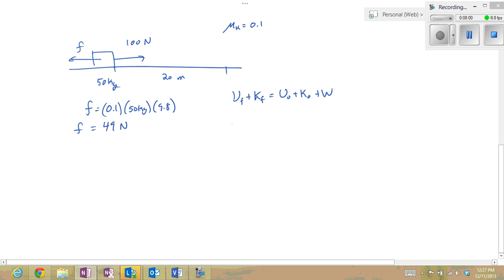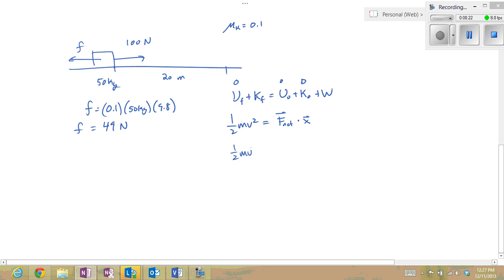So the work done is, the 1/2 mv squared is going to equal zero. The potentials are zero in both of these cases. Initial kinetic energy is zero, plus the work done, which we can think of as F net dot x.